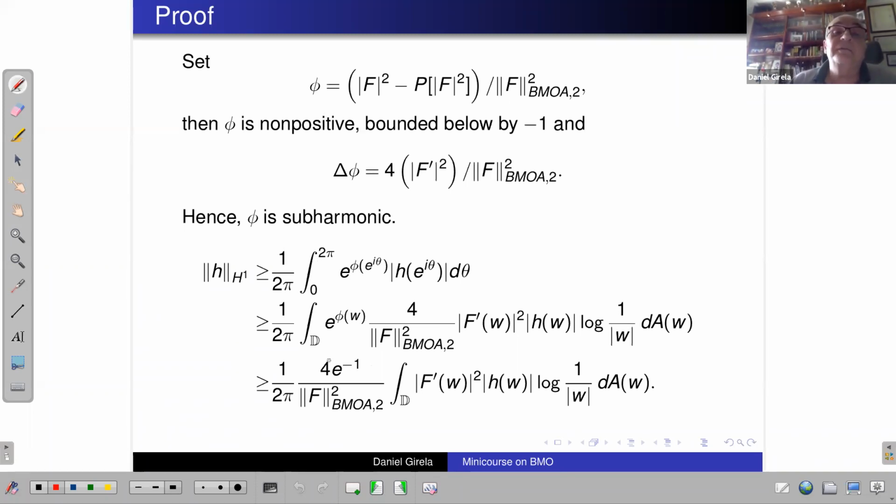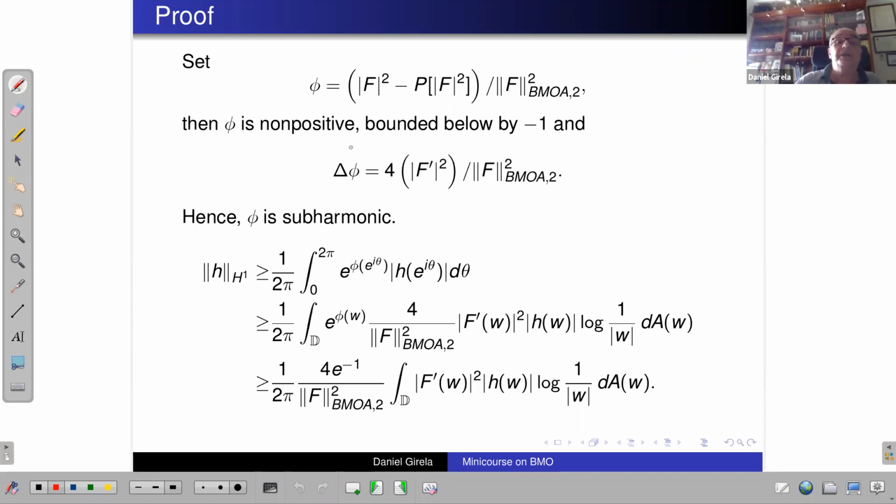Since the Laplacian is positive, we have that phi is subharmonic. Then using this and the fact that it's bounded below by 1, we use the previous lemma, the lemma that we had before. Then we have that the H1 norm of f is bigger than this, simply because this is bigger.